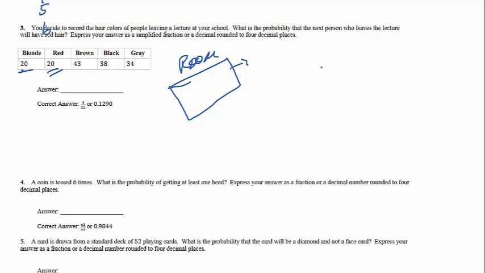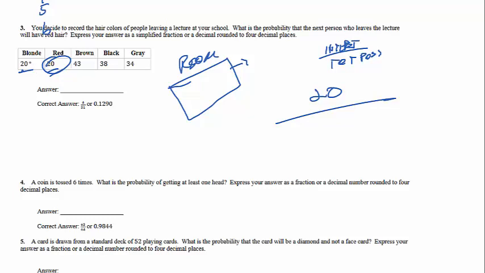So what I want to do is look at the same thing we did before, items of interest over the total possibilities. What are the items of interest? That's easy. It's the 20, and that goes on top. What are the total possibilities?